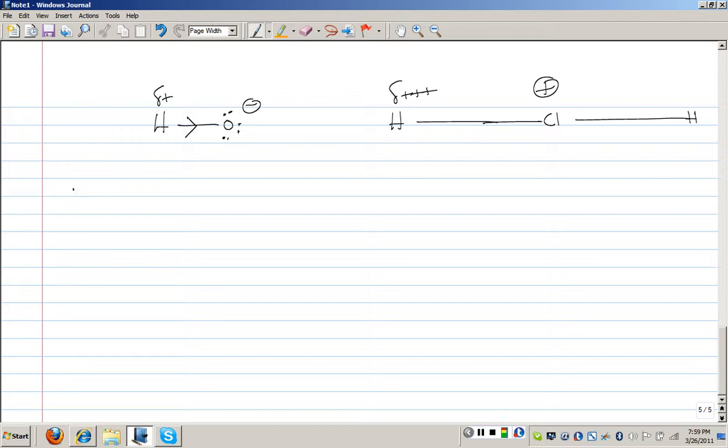So when we consider the nature of the HA bond, what are we asking? We're asking how long is the bond, because that speaks to the strength of the bond. And we're asking how polar is the bond. So if the bond is longer and weaker, and the H is more protonic, then hands down, H2Cl plus must be a much stronger acid than OH minus.